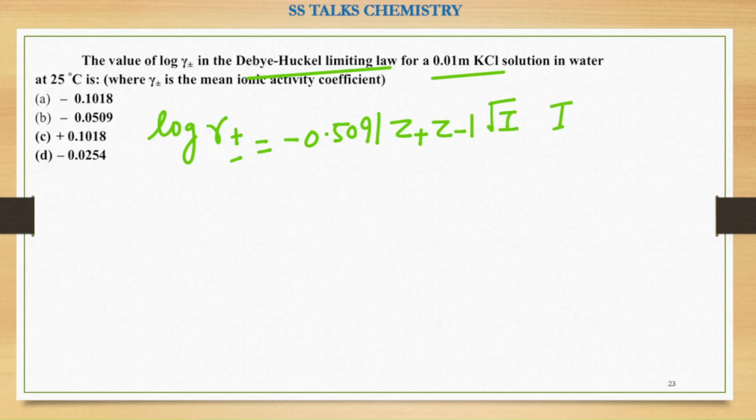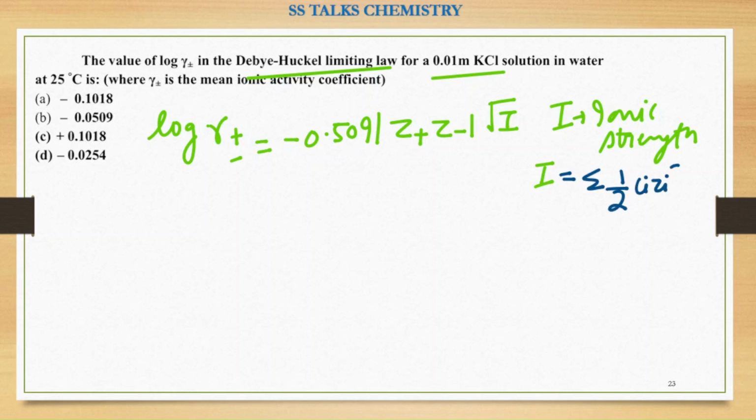I is my ionic strength, which is equal to half of the summation of Ci into Zi square.